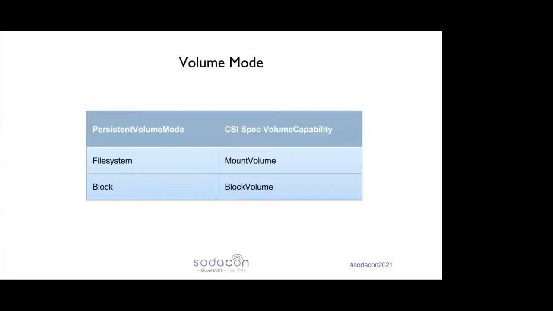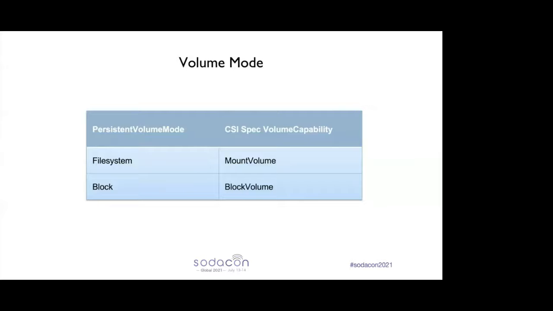And next, I will talk about volume mode. This defines how a container uses a volume. There are two persistent volume modes. The first one is file system, which indicates the volume will be formatted with the file system. This corresponds to mount volume capability in CSI spec.